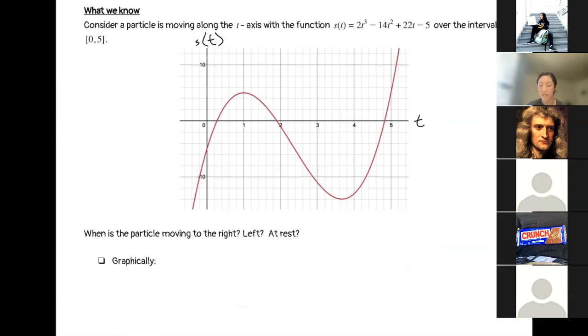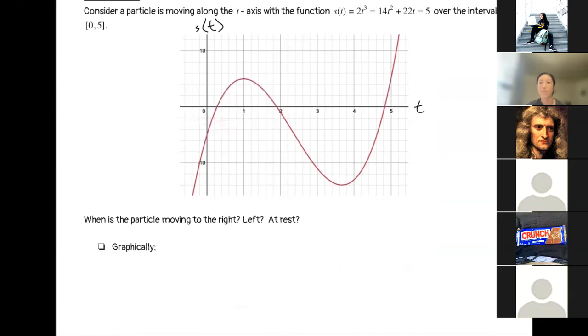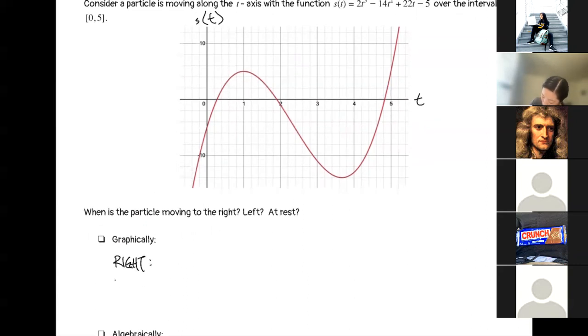Okay, and we're going to look at this first graphically. So just from the picture, how do we know when something is moving to the right, moving to the left, or at rest? Okay. So I'll give you a few moments to think about that. Maybe go back into your old notes, all the way back in chapter 3, and move to the right, to the left.